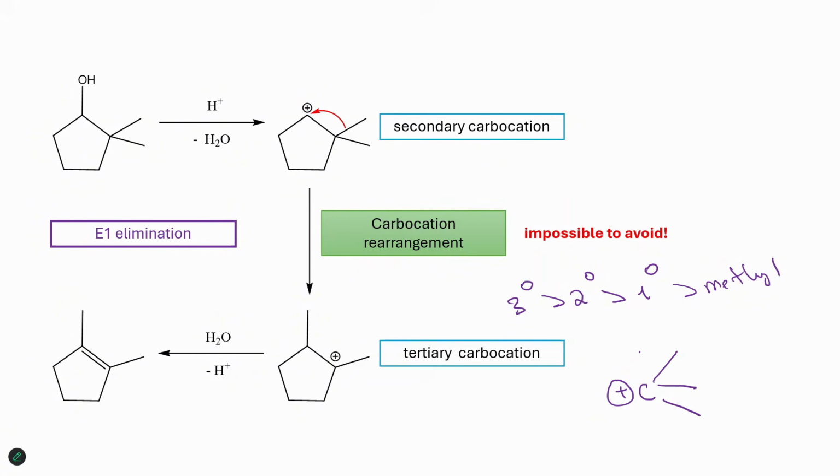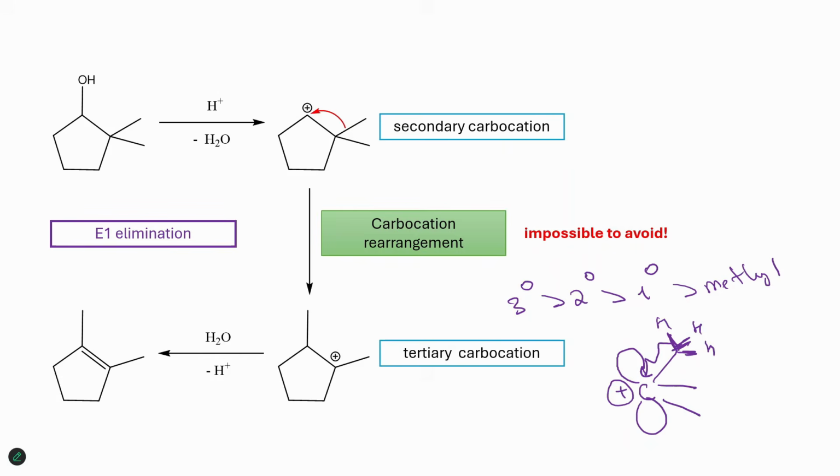And this is the effect we call hyperconjugation. The bonds that neighbor this positive charge have some electron density and they donate this electron density through hyperconjugation. Because this carbon plus has an empty p orbital, it's electron deficient. So it wants to get more electron density to itself so that it can be stabilized better.